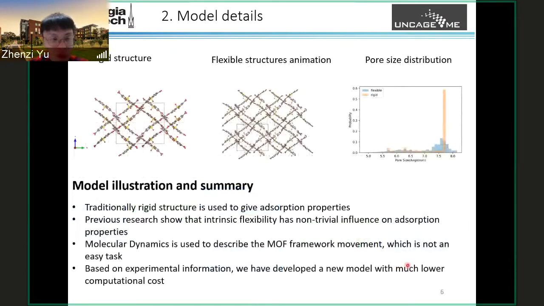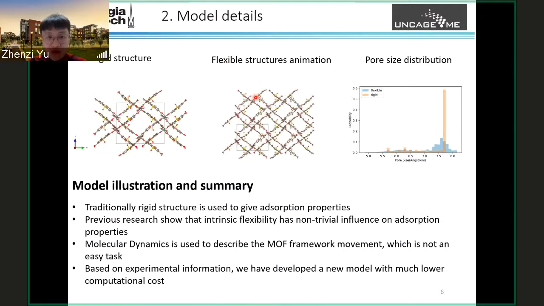So to give a quick summary of the background and the model details, I'll just make an example here. For example, this structure, as we can see, the left figure is the rigid structure, and traditionally the rigid structure is used to give adsorption properties. And now we argue that, based on previous research, the intrinsic flexibility has a non-trivial influence on adsorption properties.